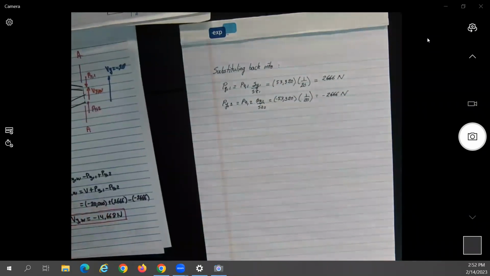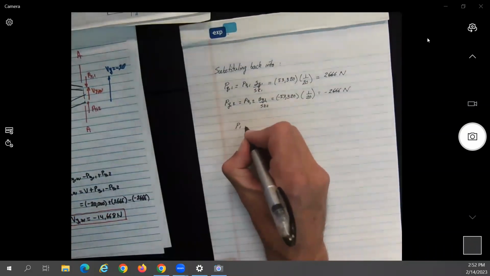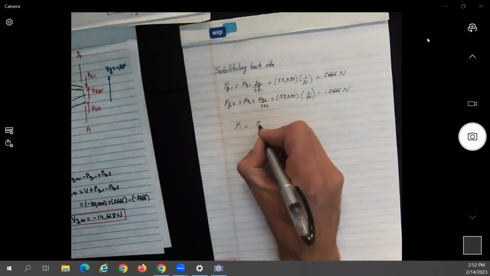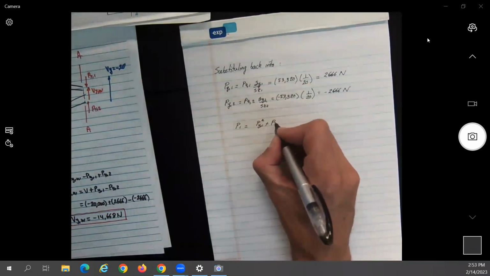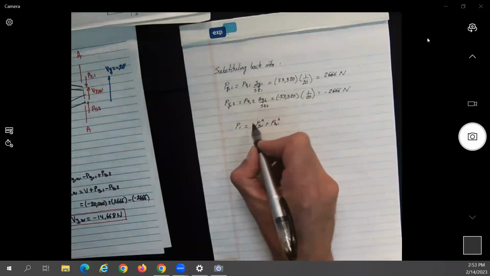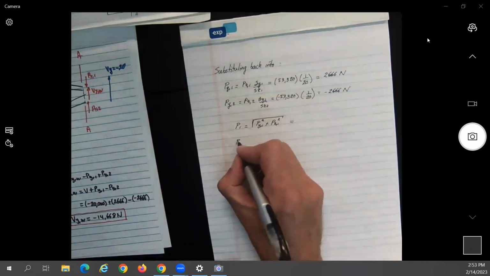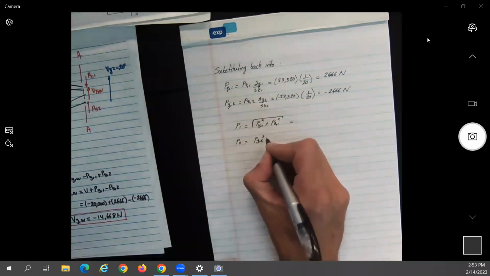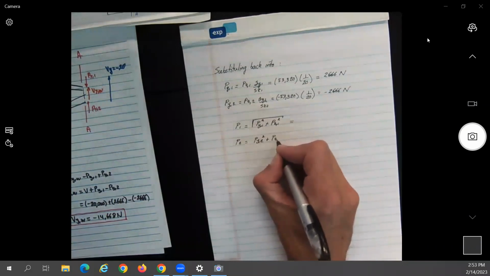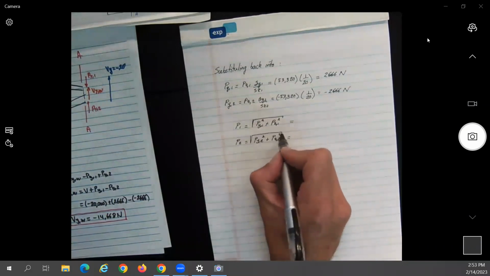Okay, so because of the deformation, now we know that P1 is equal to the square root of P Y1 squared plus P Z1 squared. P2 will be equal to the square root of P Y2 squared plus P Z2 squared.